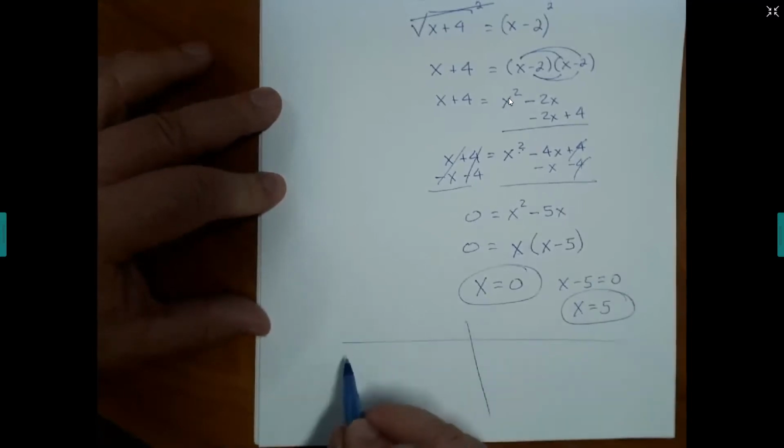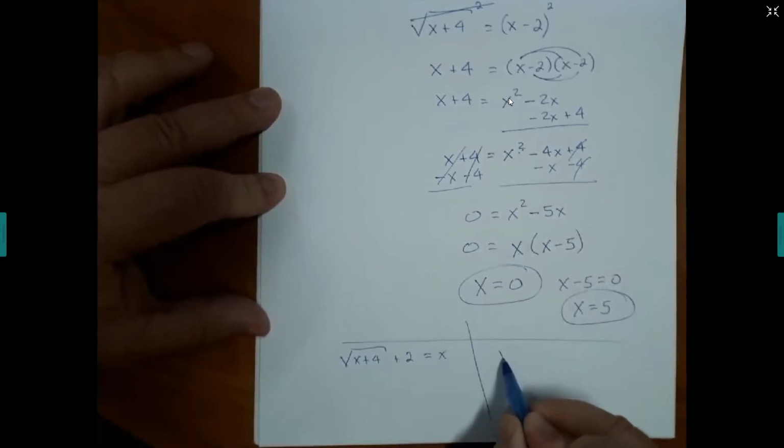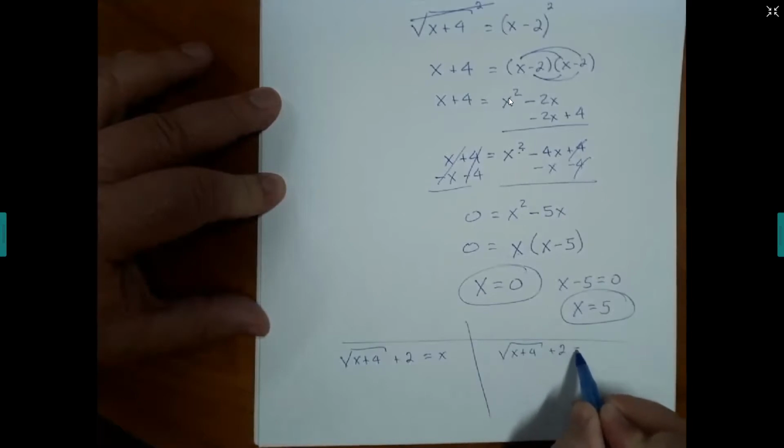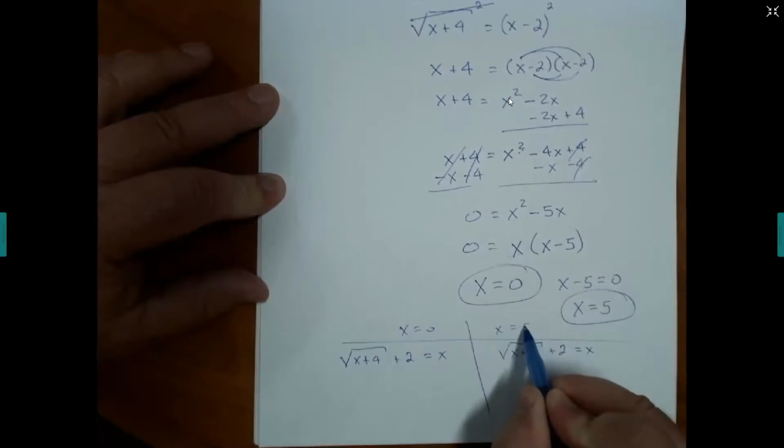Always check your answers. Square root of x plus 4 plus 2 equals x. So x equals 0 and x equals 5.